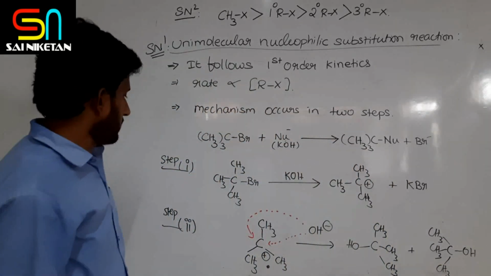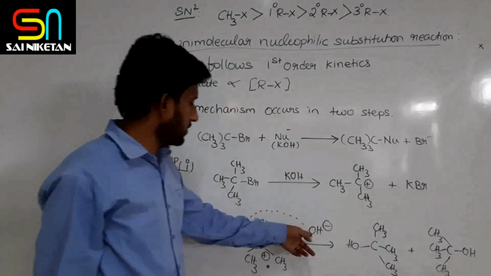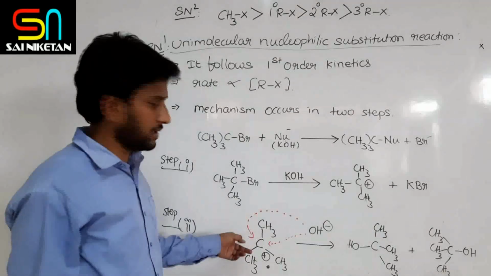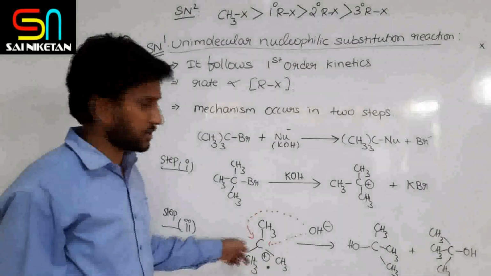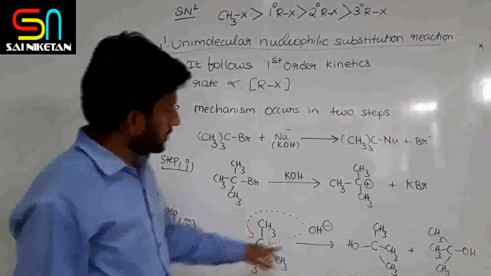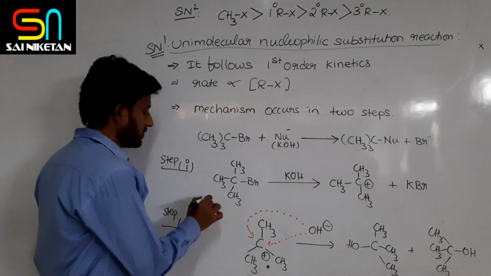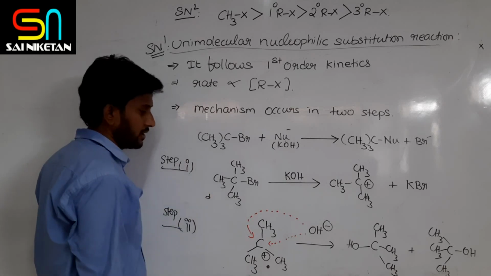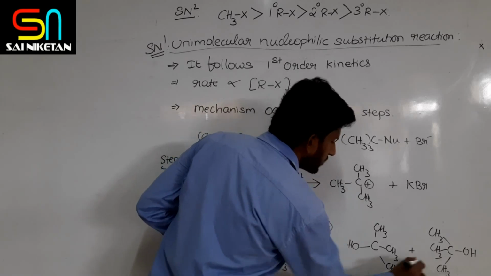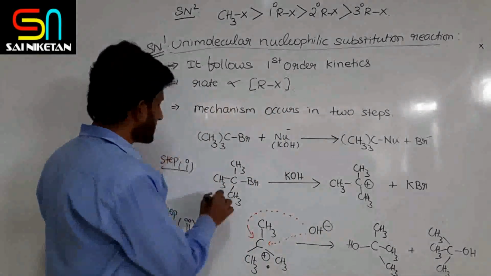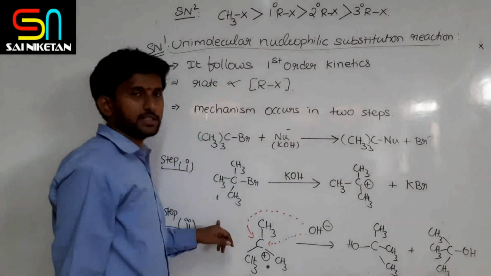In the previous case we have seen that the nucleophile attacked only from the back side, in the methyl chloride example. Now in this example, OH can attack from either side because it is a planar molecule, trigonal planar. So you get two types of compounds. If you start with a D isomer, you will get L and D isomers. If you start with the L isomer, then also you will get L and D isomers in this reaction.